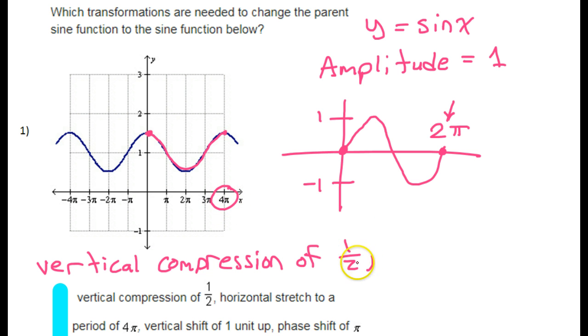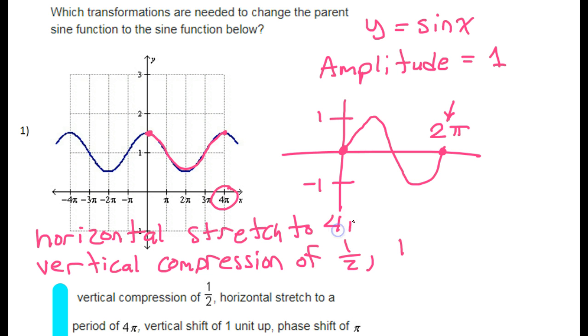So that is a horizontal stretch to a period of 4 pi. Okay, I think I'll just squeeze that in right here.